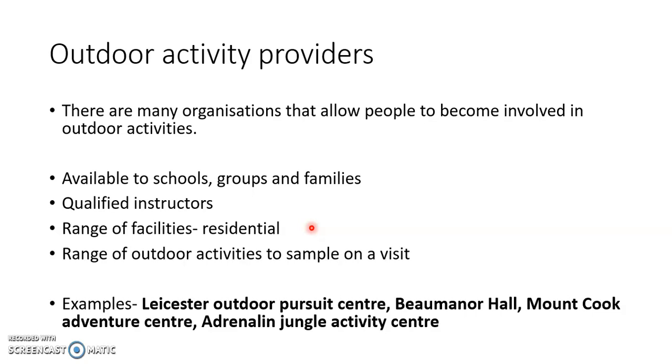I have put some of those examples at the bottom: Leicester Outdoor Pursuit Centre, Bowmanor Hall, Mount Cook, and Adrenaline Jungle, which is in Sherwood Forest. I don't know if anyone has been there before. These are all examples of outdoor activity providers.